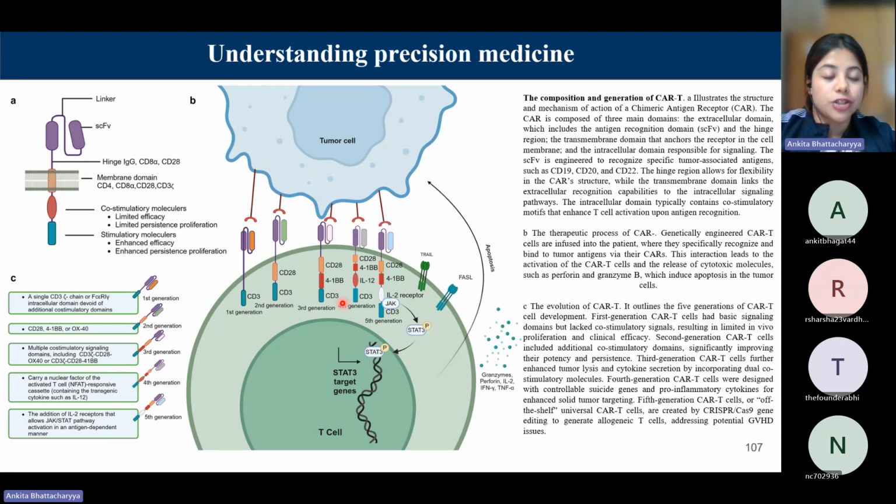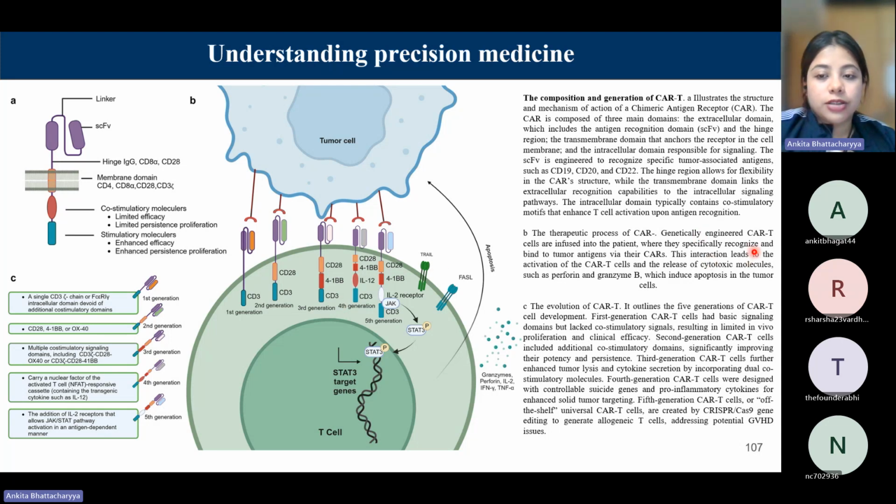Then it leads to selection and activation of that T cell. It increases a lot in number, and that logic is because the body has recognized that there is one particular pathogen and there is a need to clear that pathogen out of the system. So once that tumor cell antigen has been recognized, the T cell's job is to keep on expanding in number and then clear out the infection from the system.